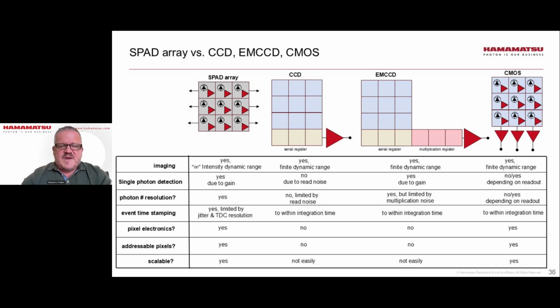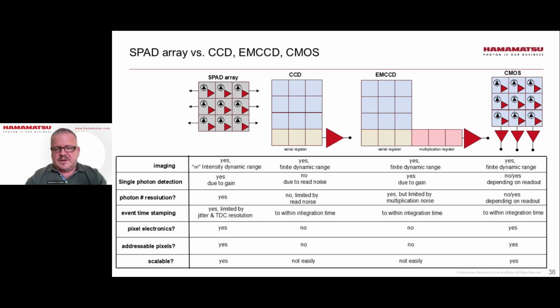And so if we have enough bits in the counter, there is effectively no limit in that dynamic range. Another important point is that we can have single photon detection in the SPAD array due to gain. We can have photon resolution, and very importantly, we can timestamp events in SPAD array, something which is not possible for CCD, EMCCD, and CMOS.